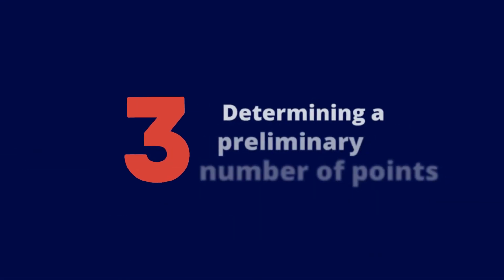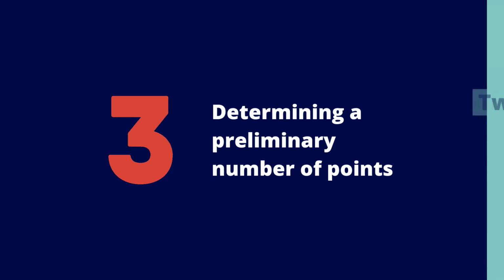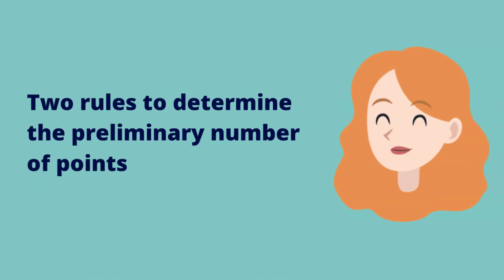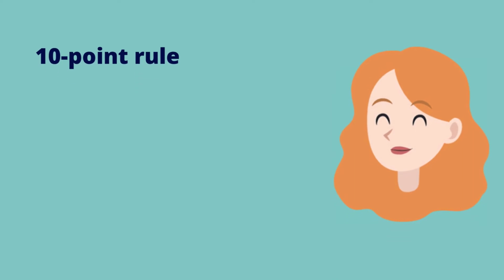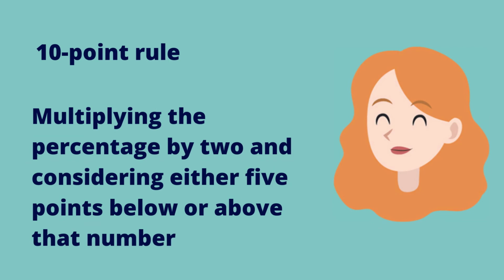Now Colin continues with step 3, determining a preliminary number of points. To do this, we should mention that there are 2 rules we can use to determine the preliminary number of points in a test: the 10-point rule and the rule about multiplying the percentage by 2 and considering 5 points below or 5 above.